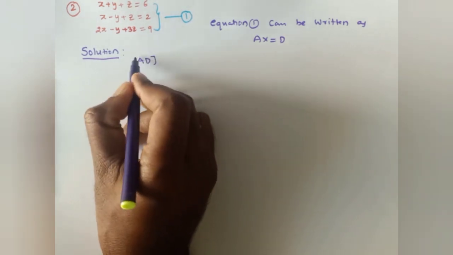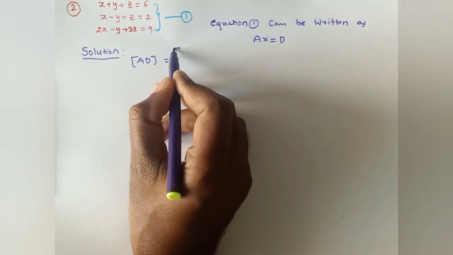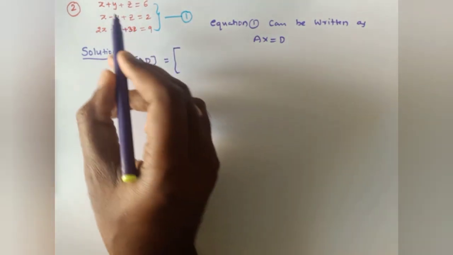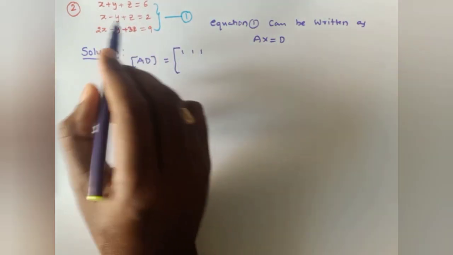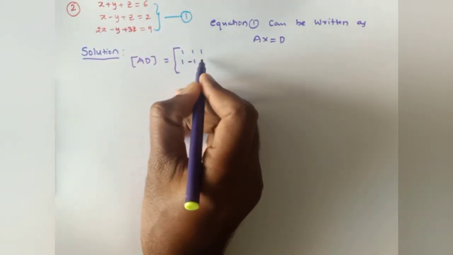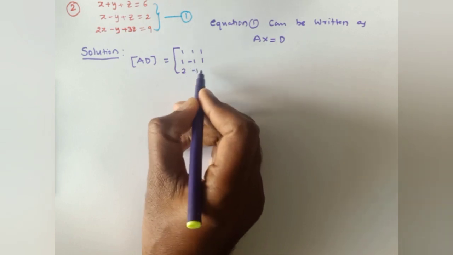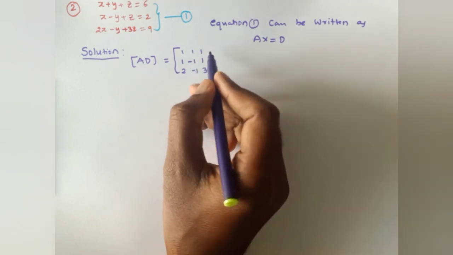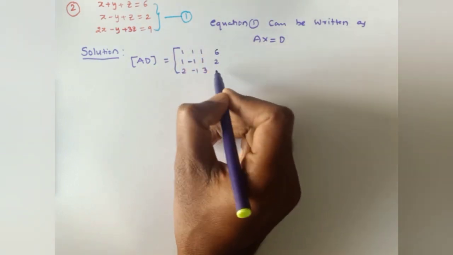AD means augmented matrix, augmented with the constants. First you need to write the coefficients. What are the coefficients in the first equation? 1, 1, 1, and next 1 minus 1, 1, and in the third equation they are 2 minus 1, 3. Next D means the constants, they are 6, 2, 9.